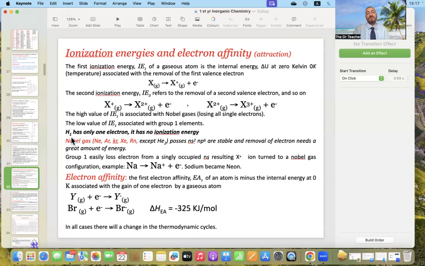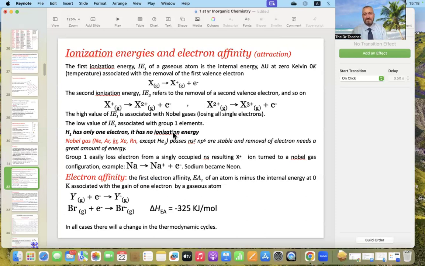So hydrogen has only 1 electron. It has no ionization energy. Bear in mind, hydrogen has only 1 electron. How can hydrogen lose 1 electron? It cannot, because if there is no electron, there is a disappearance of the hydrogen.